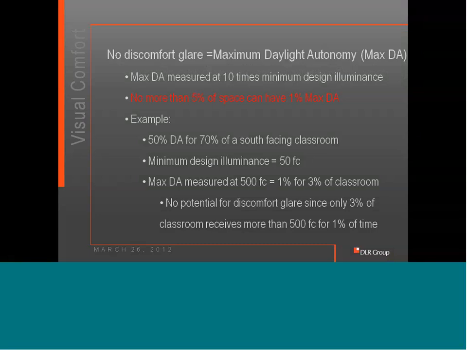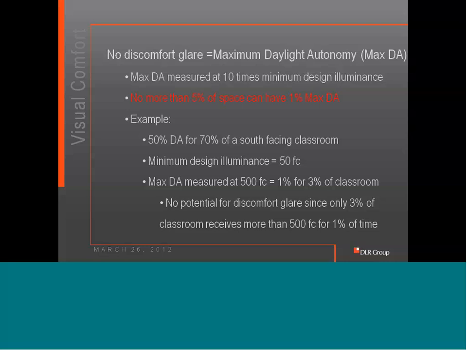When it comes to glare, the daylighting glare index is a number from 10 to 28, and above 16 is uncomfortable. But that index is difficult to predict because it depends on the viewing angle, the amount of light in the source, and the amount of light in the scene. So it's very difficult to predict from every single standpoint. The way max daylighting autonomy works is it puts a limit on the amount of light that can come into a space.